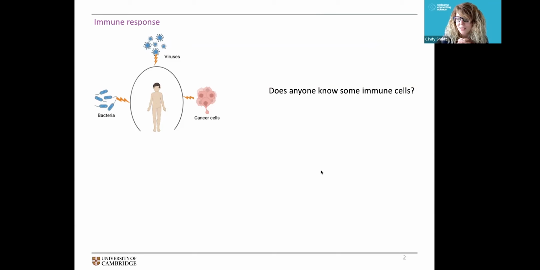Ooh, memory cells, macrophages. Yes, macrophages is a good answer. Does anybody know more immune cells? We've got T and B lymphocytes. Yeah, correct. And maybe one more, before I give you the answers.